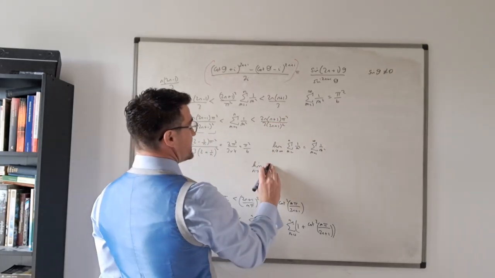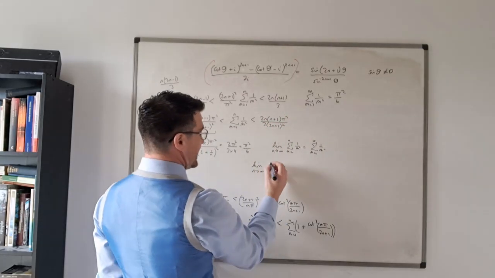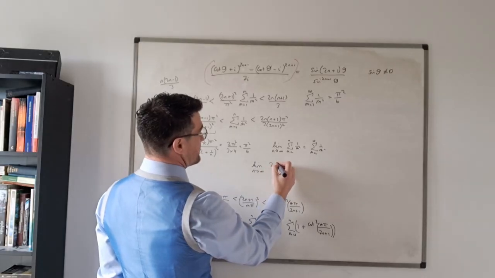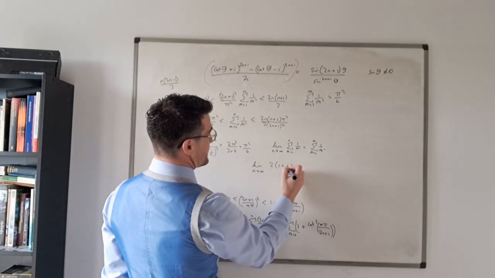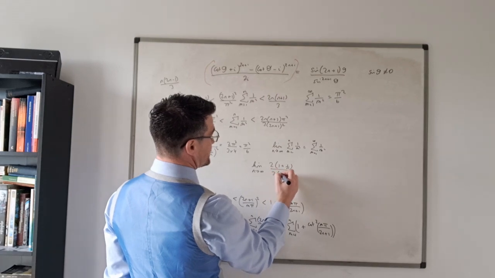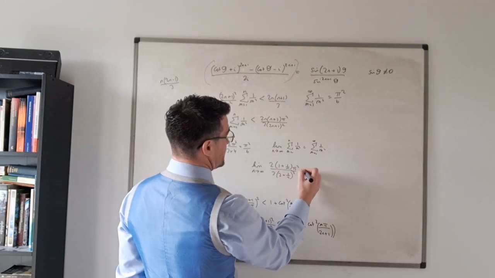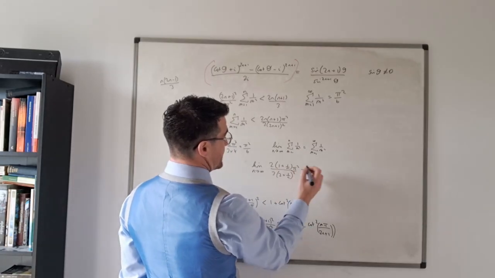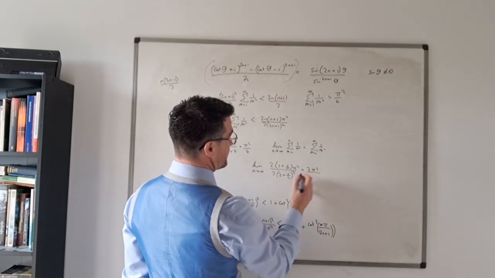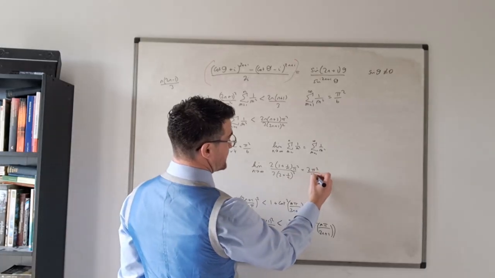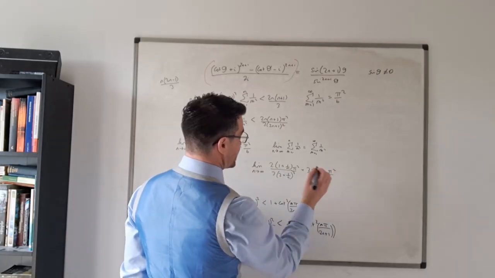Divide numerator and denominator again by n squared. I get (1 plus 1 over n) over 3 times (2 plus 1 over n squared), times pi squared, which is equal to 2 times 1 times pi squared over 3 times 4, which is 12, so pi squared over 6.